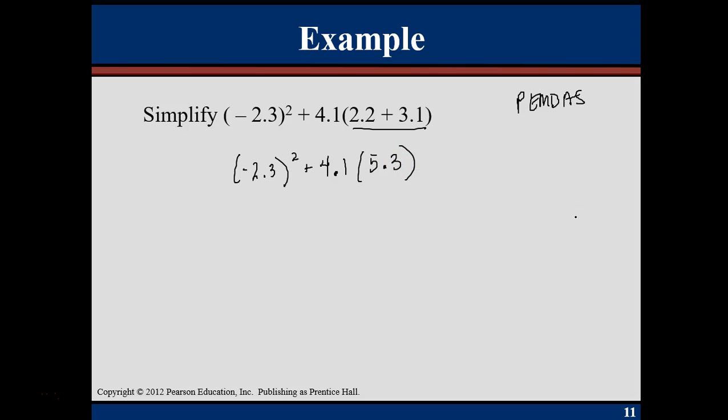Now I'm going to need to square that negative 2.3. A negative times a negative is a positive, and 2.3 squared is 5.29. So 5.29 will come in, and the negative 2.3 squared will drop out.